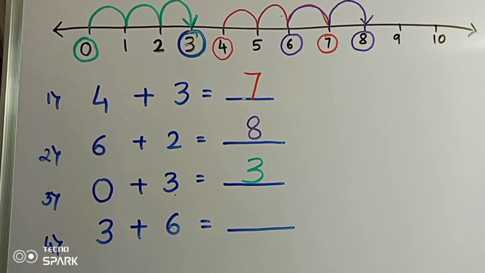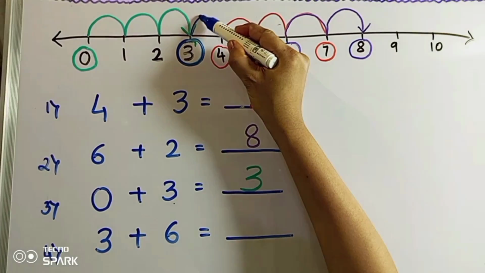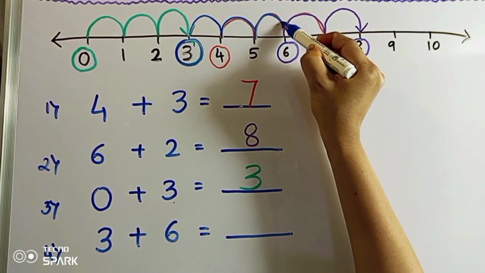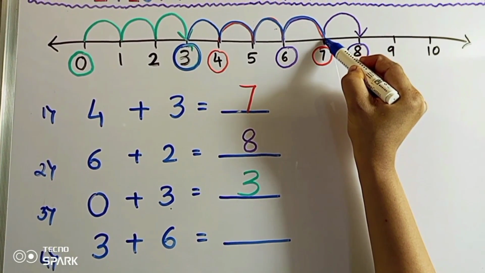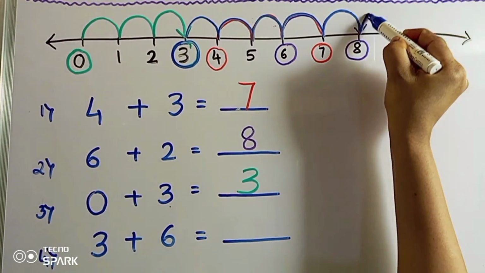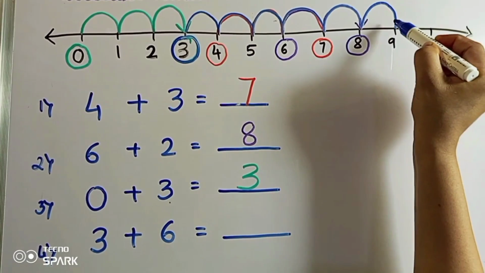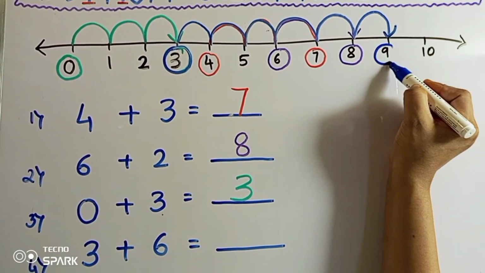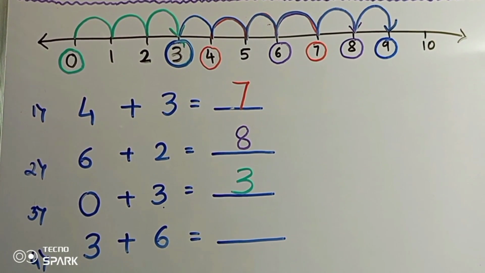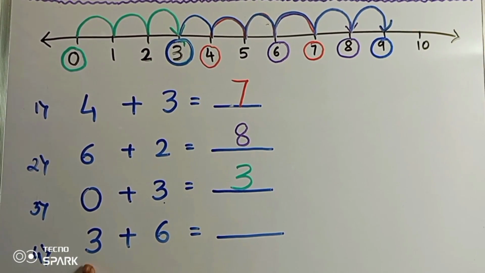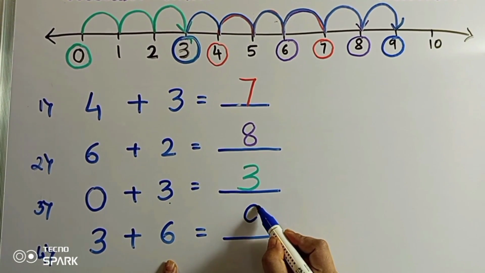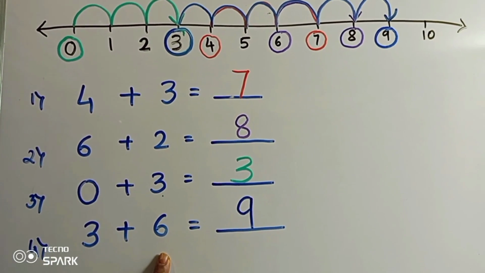Okay. So, let us start. 1, 2, 3, 4, 5 and 6. So, where did we reach? We reached at number 9. So, the sum of number 3 and 6 is 9. So, the answer is 9.